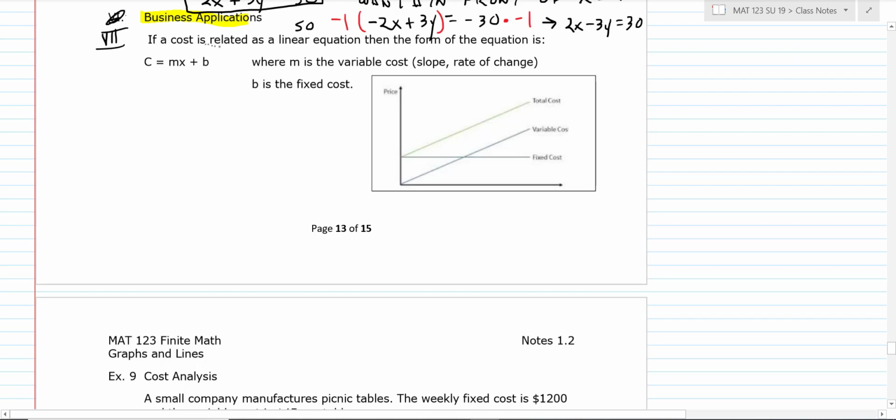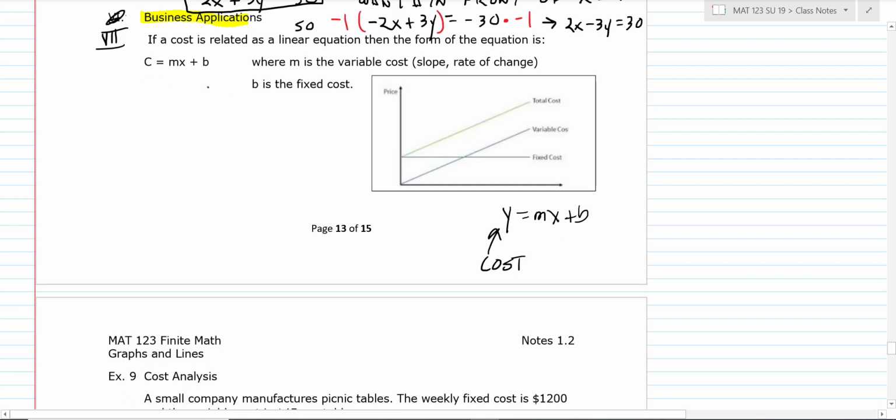So if a cost is related as a linear equation, then the form of the equation is C equals mx plus b. And you're already familiar with y equals mx plus b. What we're doing is just replacing y with the cost, and then x is just going to be the variable, whatever you're selling or whatever you're producing.